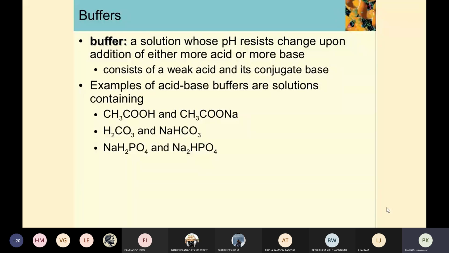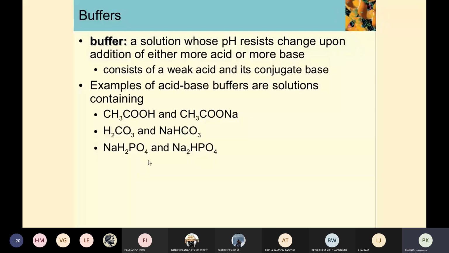These buffer solutions usually consist of a mixture of a weak acid and its salt with a strong base. There are two types of buffers: one is acidic buffers, the second is basic buffers. Acidic buffers are composed of a weak acid and its salt with a strong base, whereas basic buffers are composed of a weak base and its salt with a strong acid.